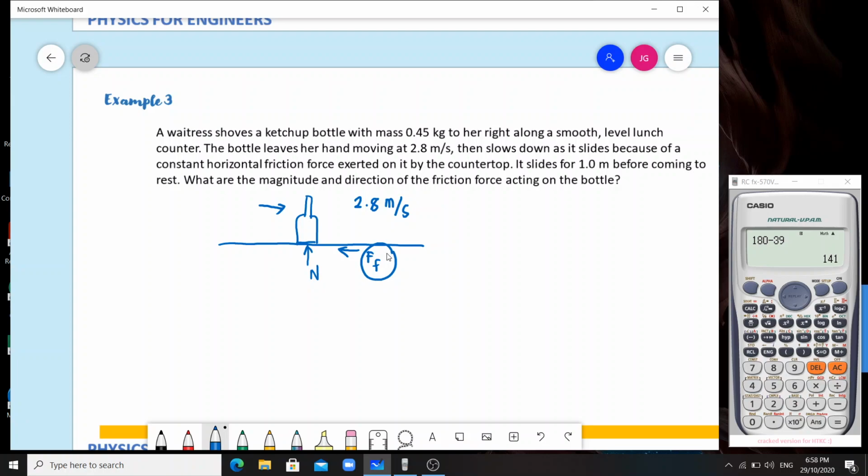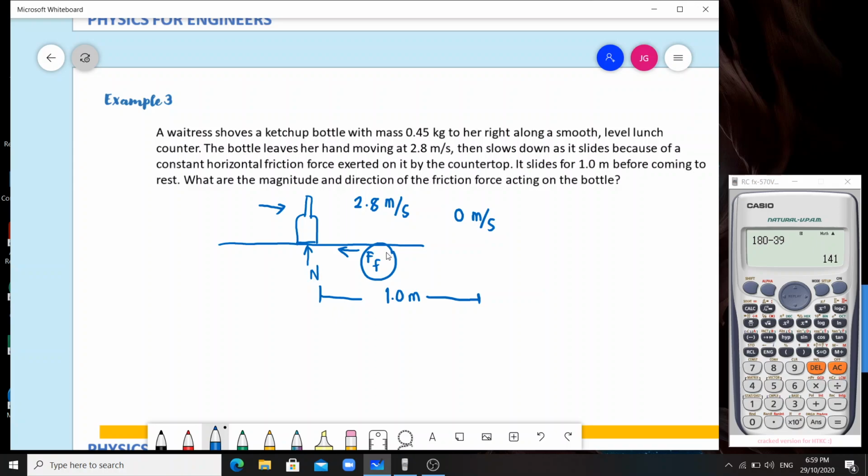So, from 2.8 meters per second, huminto siya. So, ibig sabihin, ang final velocity is 0 meters per second. Okay? Bago siya huminto, nakapag-travel siya ng 1 meter. Tama. So, ang hinahanap ngayon is the direction of the friction force.